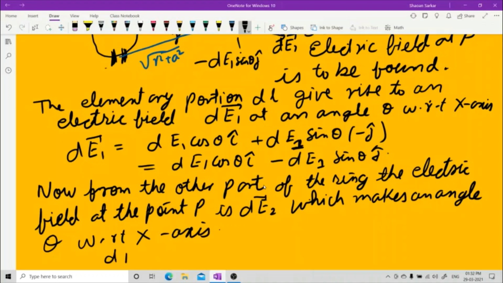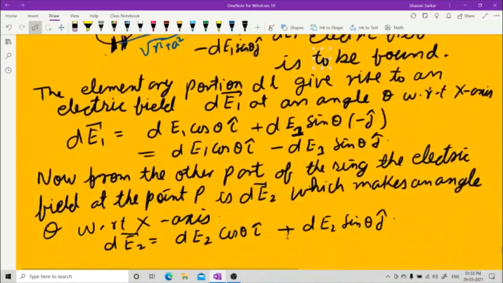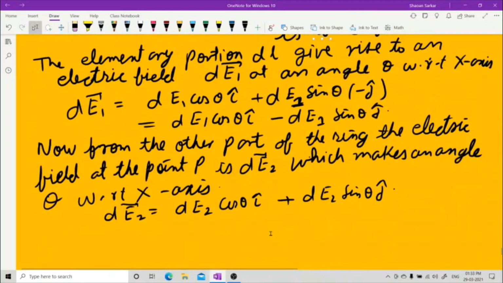Now the dE2 vector is nothing but dE2 cos theta i cap plus dE2 sine theta j cap. This is the j cap component, and this blue one is the i cap component.